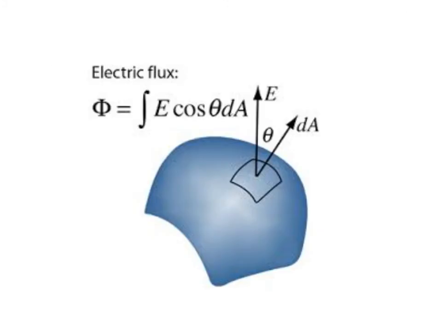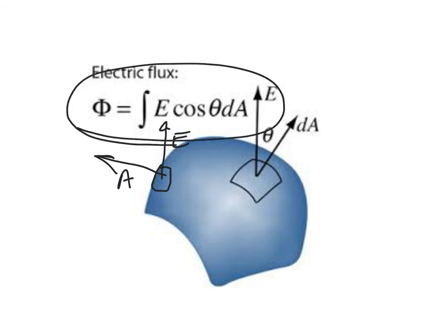So in the most general case, where either the strength of the field in magnitude and direction is changing so that the angle between the field and the area element varies from area element to area element, right? Then you have to do an integral.